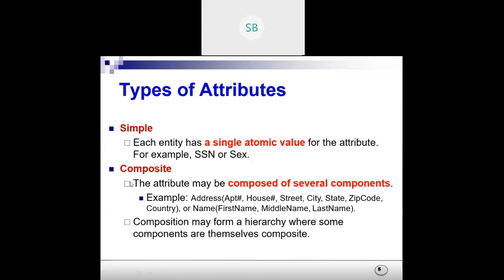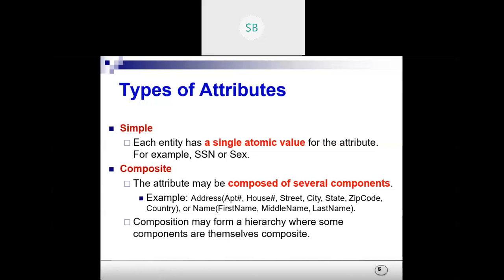Composite means it will be a combination of simple attributes. Several components will be there, like address or name. Name can be comprised of first name and last name, or first name, middle name, and last name. Similarly, for address we can have house number, street number, pin code, state, city, zip code.